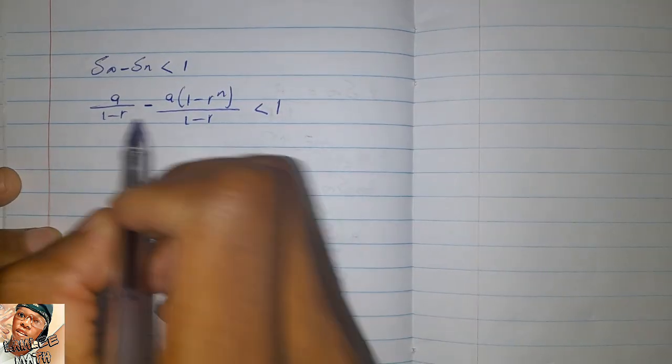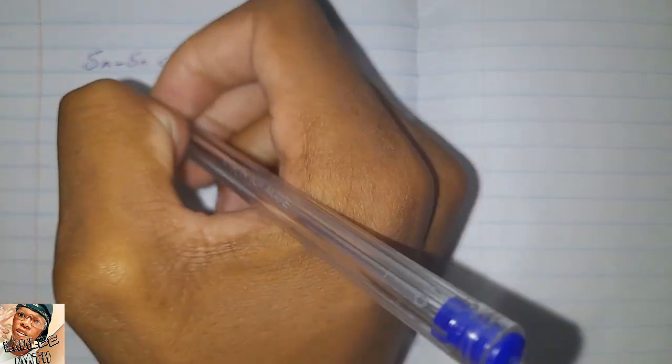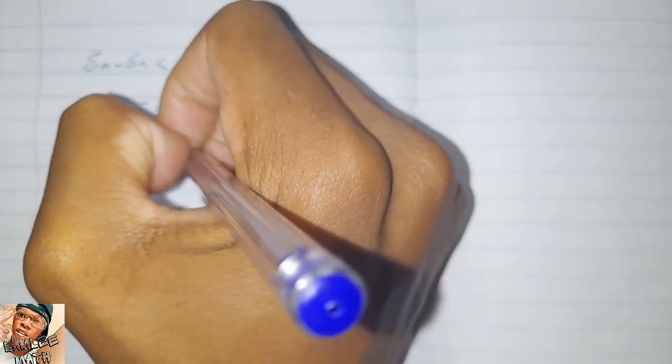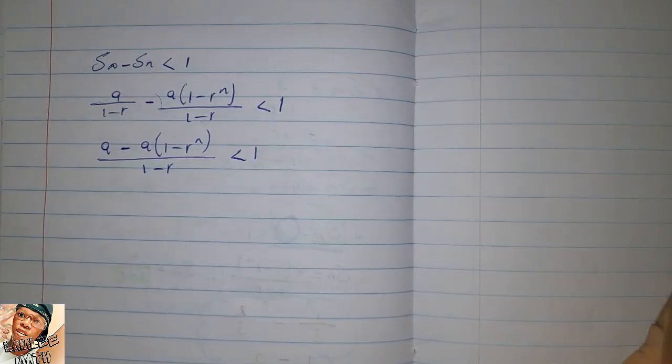Because we have the same denominator, we can just subtract the numerators, as we have a minus sign between the two fractions. The first numerator is a minus the second numerator, a multiplied by 1 minus r to the power n, and the common denominator is 1 minus r. This whole thing is less than 1.